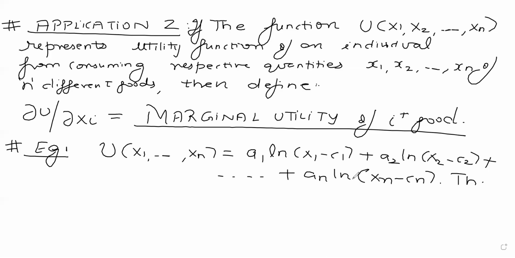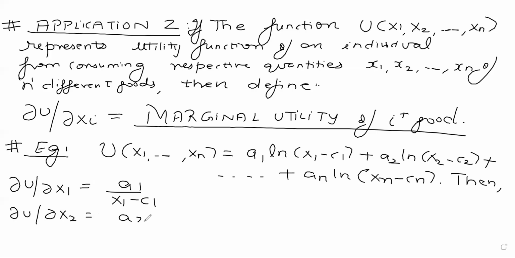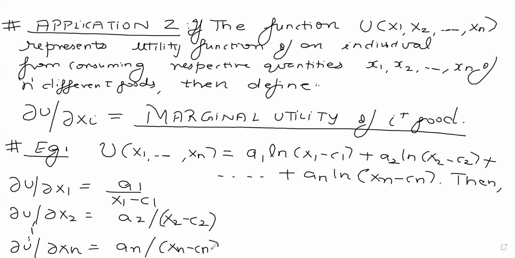Then we can calculate all the marginal utilities. Del u by del x1 will be a1 upon x1 minus c1. Del u by del x2 will be a2 upon x2 minus c2. And I can stretch it on and write del u by del xn will be an divided by xn minus cn.